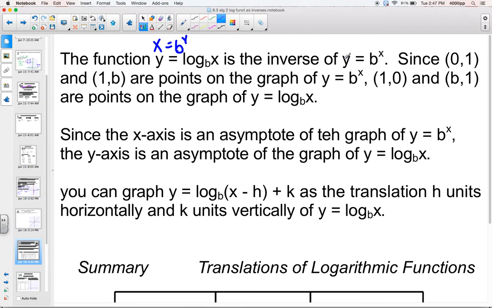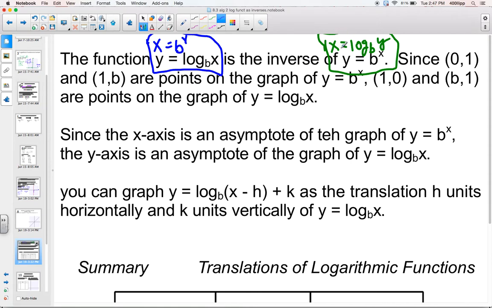Then the inverse is y equals b to the x, meaning the inverse is going to be x equals log base b of y. There we go. Those are inverses. So this means the same thing here. And this one means the same thing here because it's b to the y is equal to x.